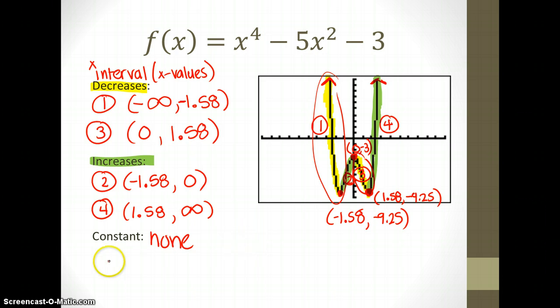Pointing out, and I'll just add it to this slide, maximum and minimum values here. This is where we talk about these local values, because if you look and see local maximum, local minimum, we have peaks and we have valleys, and that's what maximums and minimums are talking about.